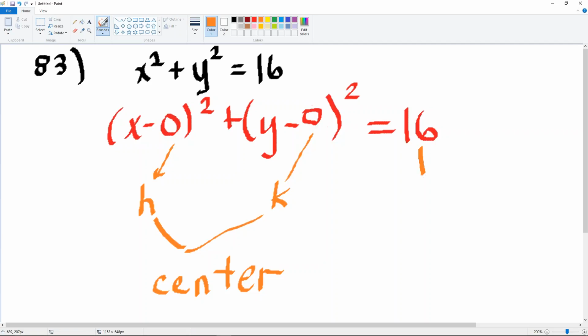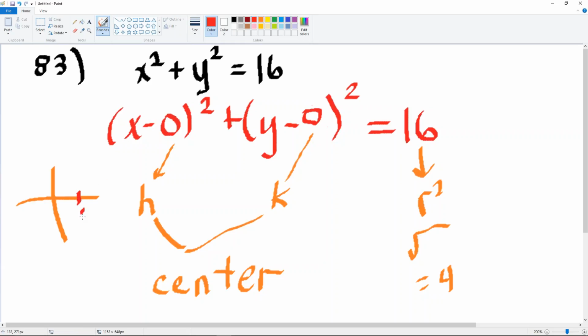And remember, this represents r squared. So in order for you to get the actual radius, you have to square root it, and you get the radius is equal to 4. So this is a circle going up, down, left, and right 4 units.